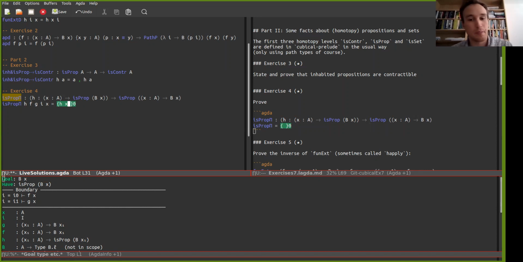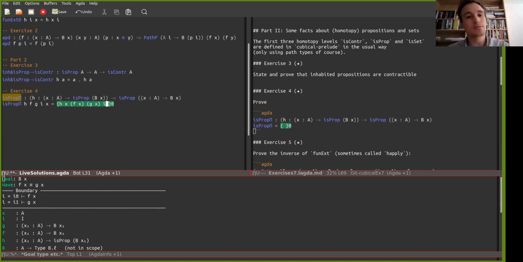So we can give two elements of b of x, namely f of x and g of x. So we have a path between those. And then we plug in our I. Now we have something of b of x, and we have to check that on the boundaries this computes to the right thing.